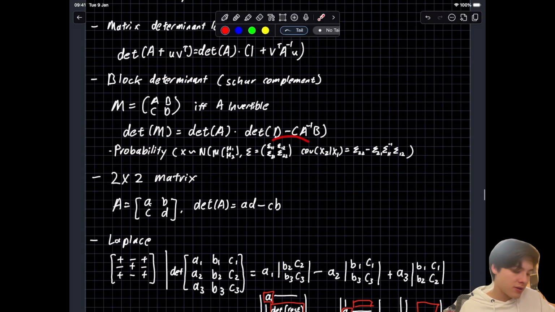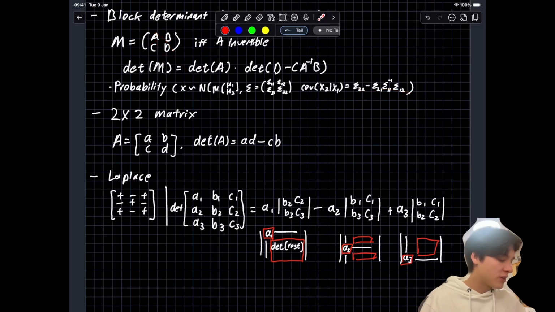And in probability, we have the covariance of x2 given x1 is this formula, so we see it's the same as this. It's basically how much x2 has been affected by x1, so we remove that and then multiply it.